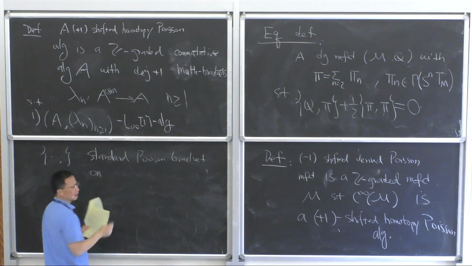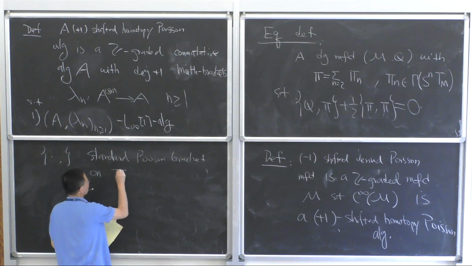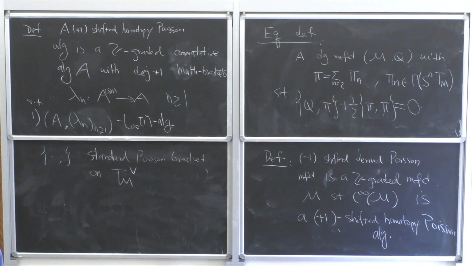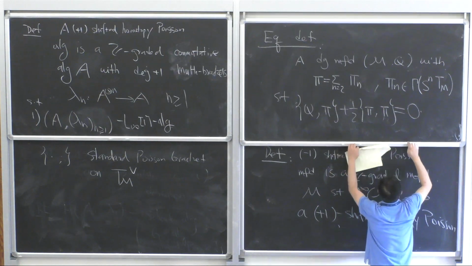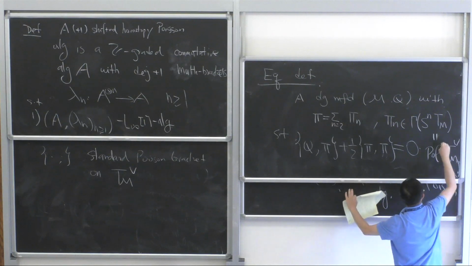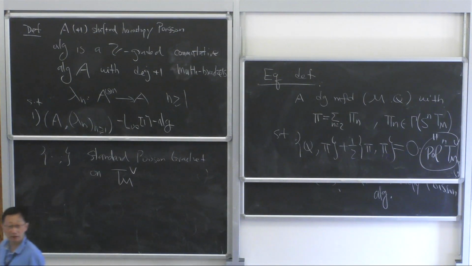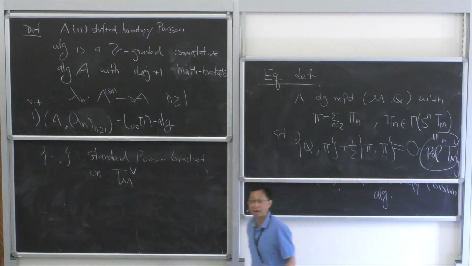Everything is Z-graded, but it's the usual thing on the cotangent bundle. On the cotangent bundle of M, there's a canonical symplectic structure, and therefore you have a bracket there. And this is just a polynomial function on T*M, of degree n. So you do have a bracket over there. Symmetric tensors are just degree n polynomials. So that's the bracket, and so the Maurer-Cartan equation over here. This is the equivalent definition.